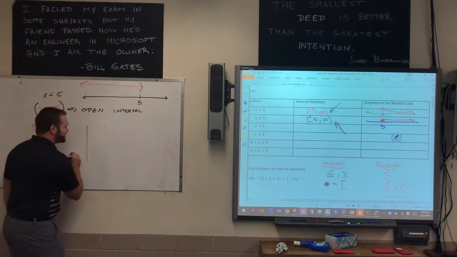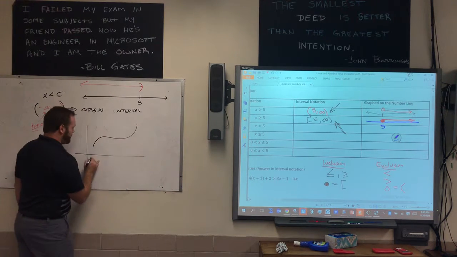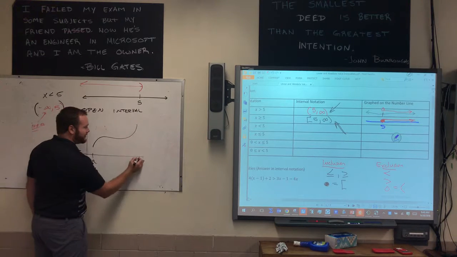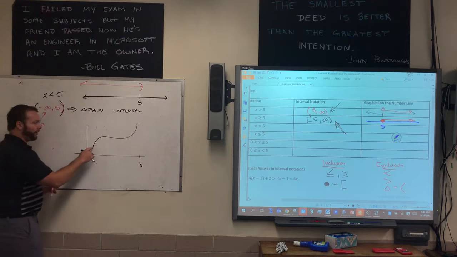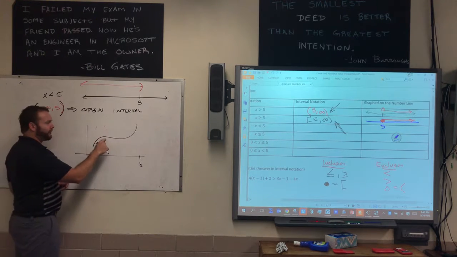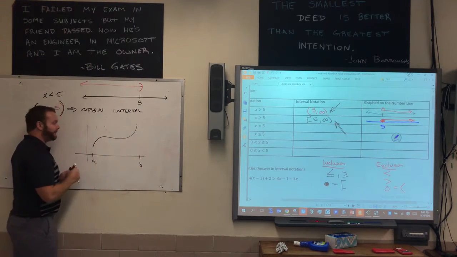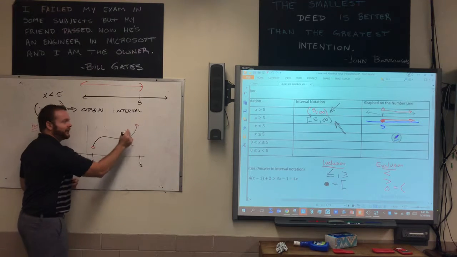So maybe at some point we've got a graph like this, where there's an x value of A, and maybe there's an x value of B. And some theorem will work for every point that is between A and B, but it doesn't work for A itself, and it does not work for B itself.